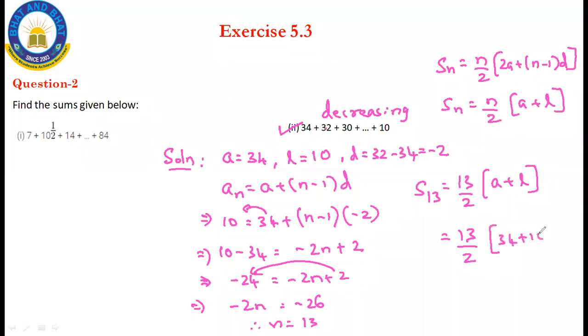What is l? 10. 13 divided by 2 into 44. 2 ones are 2, 22 times. So 13 into 22 is how much? 286. Yes, correct. All of you are correct. So this is the answer.